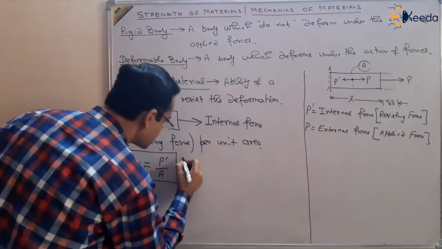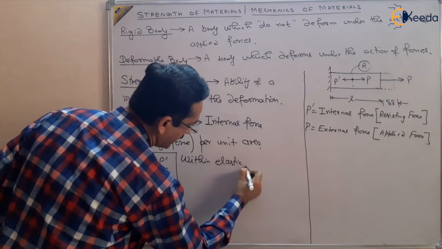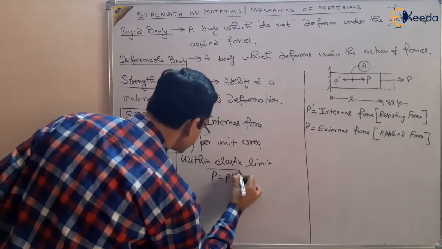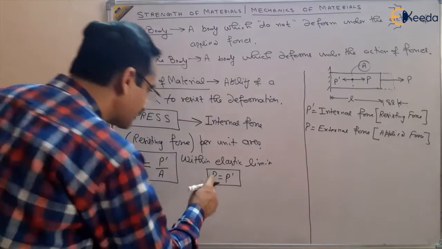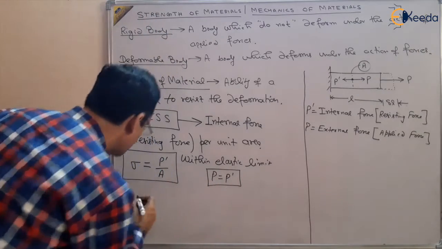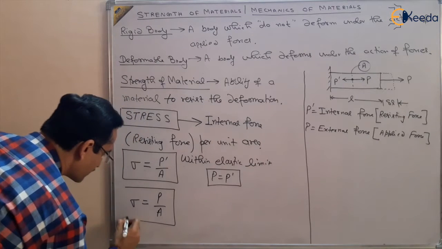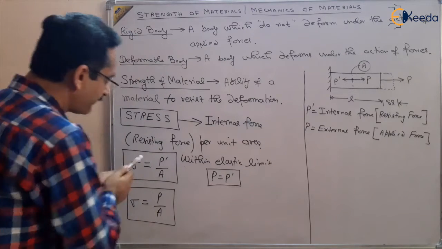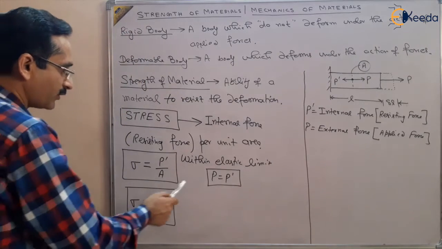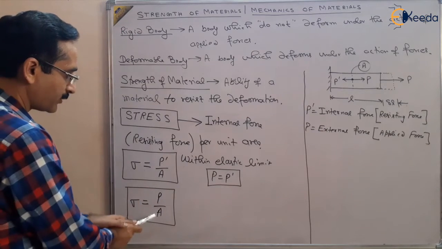So we can say within elastic limit, P will be equal to P dash, means external force should be equal to internal force. And if this is the case, then we can further define sigma as P upon area, external force per unit area. Actually, by definition, stress is internal force or resisting force per unit area, but because within elastic limit we can say P is equal to P dash, so we can write stress equal to external load per unit area.